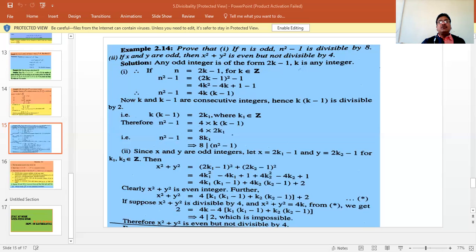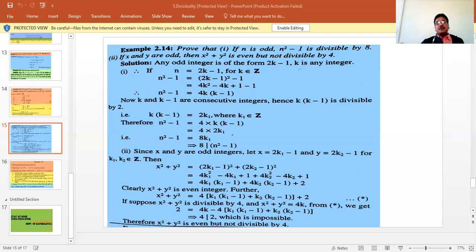Okay, so first we have to show x square plus y square is even. Take x square plus y square, then write the value of x as 2k1 minus 1 and the value of y as 2k2 minus 1, and square them; the plus 1 and plus 1 become plus 2. If we take 2 common from these 3 terms, we have 2 in bracket 2k1 into k1 minus 1, plus 2k2 into k2 minus 1, plus 1.